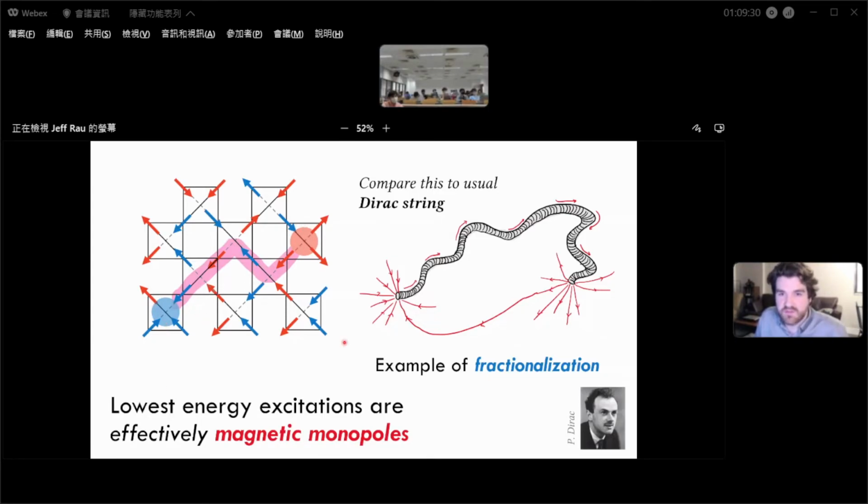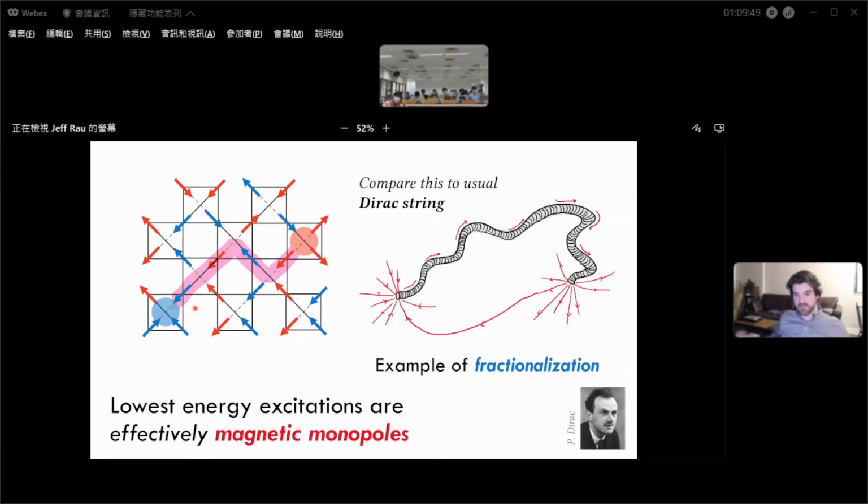And so in this picture, instead of having a closed loop of a solenoid, we're going to actually have a finite solenoid with open ends, right? So these open ends will be located on these defects. And just like in the usual Dirac string, these would behave effectively like magnetic monopoles.